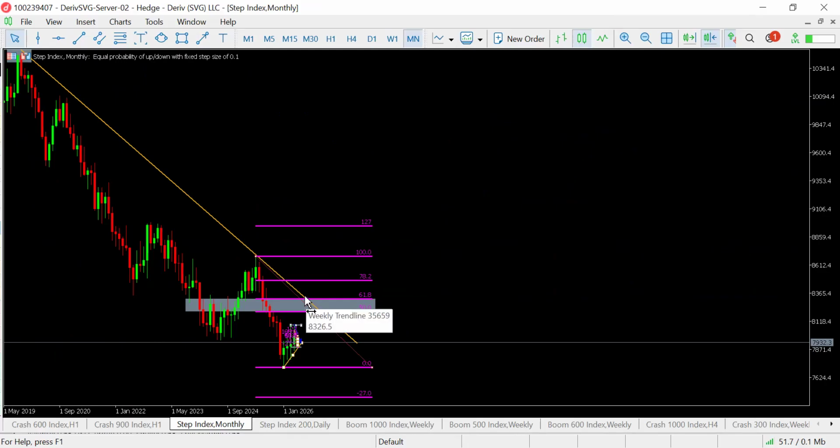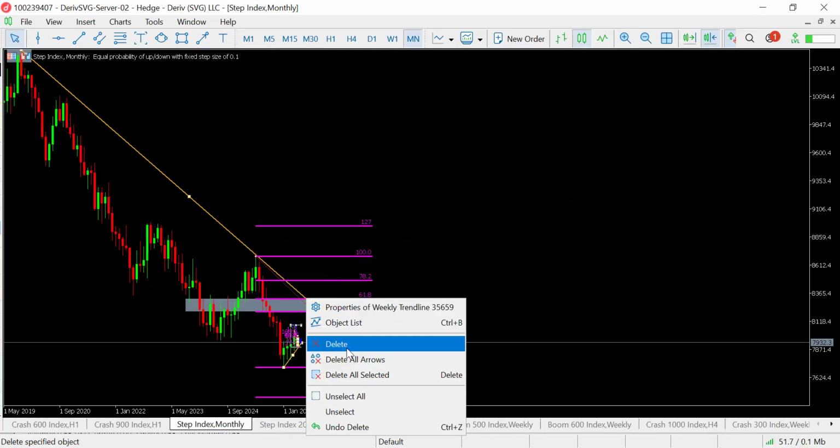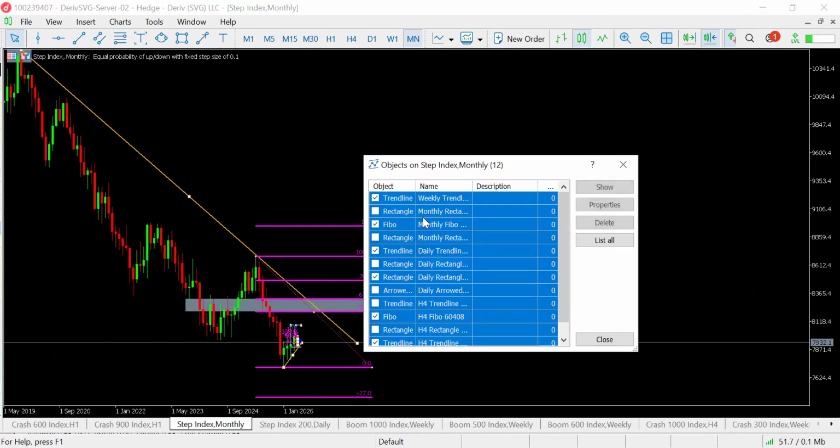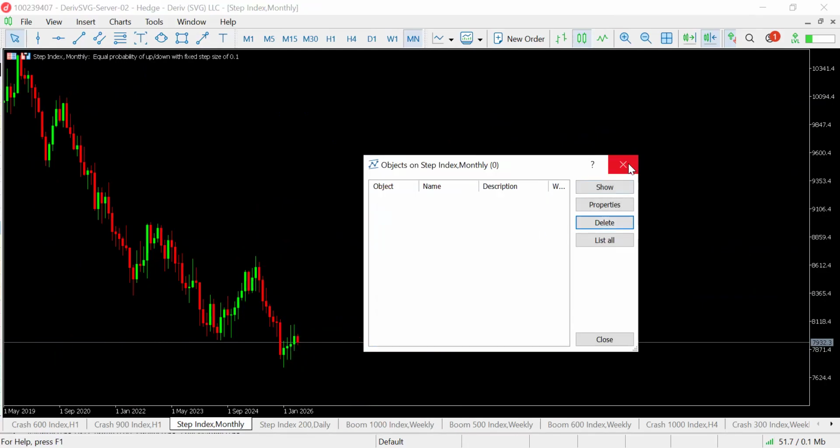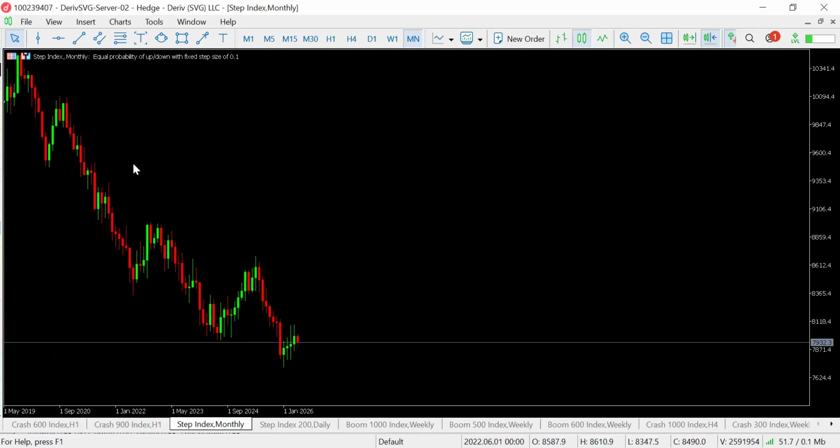So the Step Index has been in a perennial downtrend. So what that means is that for a very long time, it has been trending downwards, and that's very clear for us to see from the monthly time frame. You can see a lower low, lower high, lower low, lower high, lower low, lower high, a lower low, and the market is currently trying to push upwards.